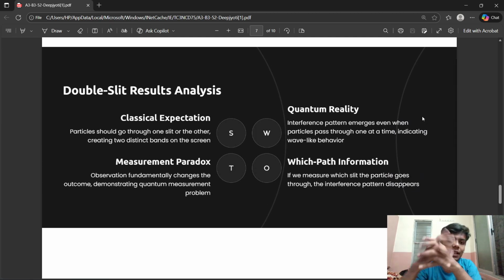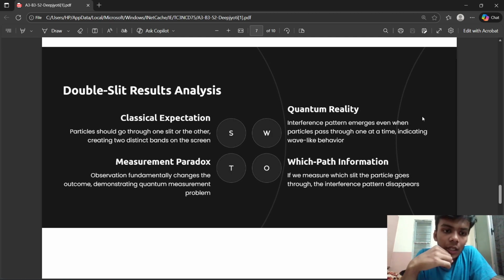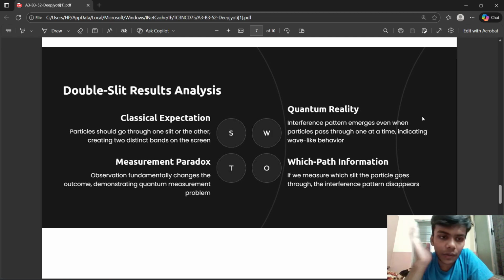So what is the double slit result analysis? We are on the seventh page of the topic. It has four topics: classical expectation, measurement paradox, quantum reality, and which-path information. Classical expectation: the particle should go through one slit or the other, creating two distinct bands on the screen.